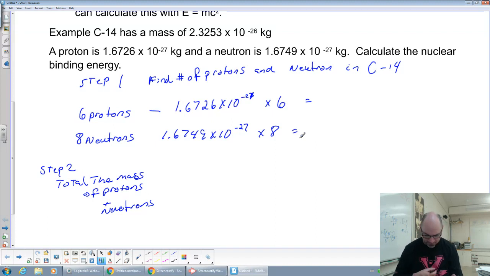Okay, I'm going to write these out in steps. You could crunch it down on the calculator if you felt so inclined. 0.00356 times 10 to the negative 26 kilograms. And this one is 1.6749 scientific notation negative 27 times 8.